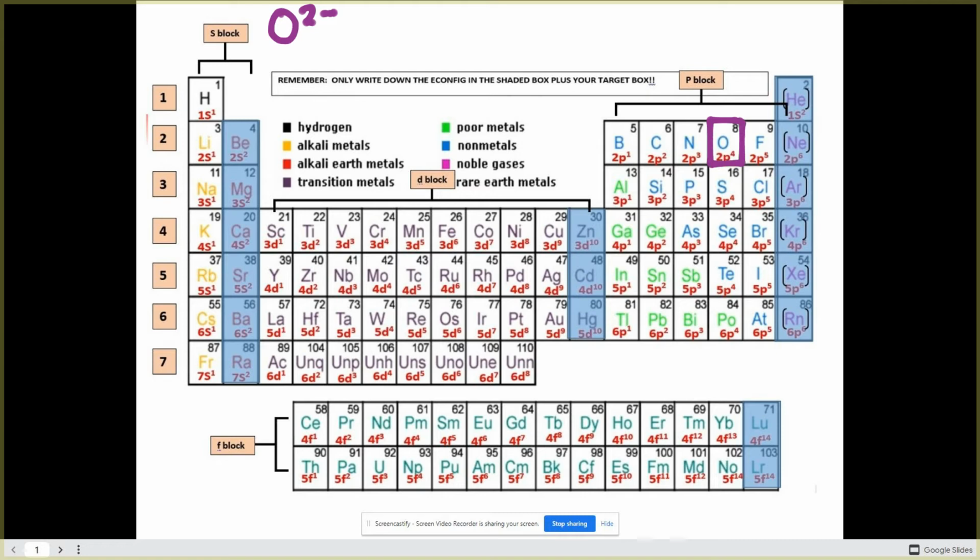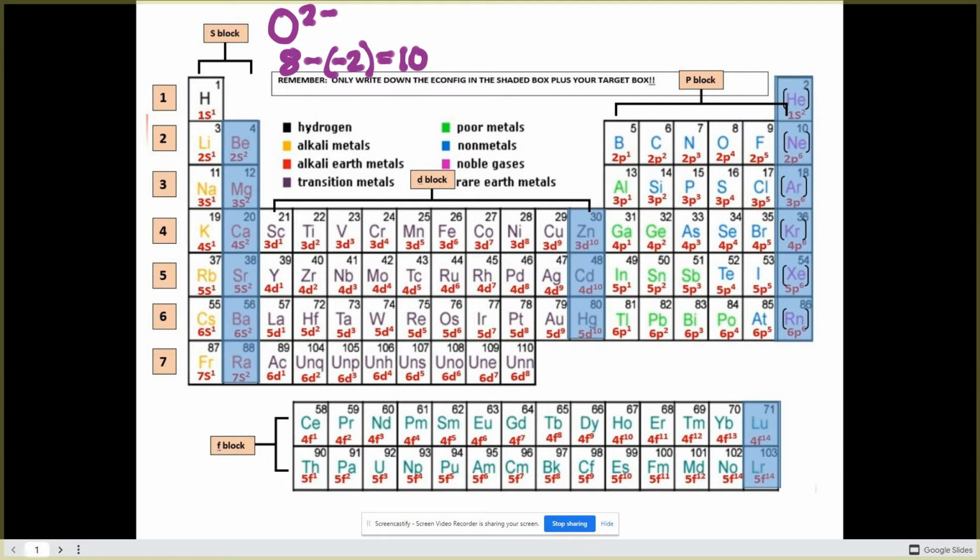All right. Okay, but wait a minute. Look, the atomic number of O is 8. Okay, 8. You see it? Minus the charge, which is minus 2, gives me 10. Okay, so guys, instead of 8 being our target, your target is actually 10. Okay, is that clear?